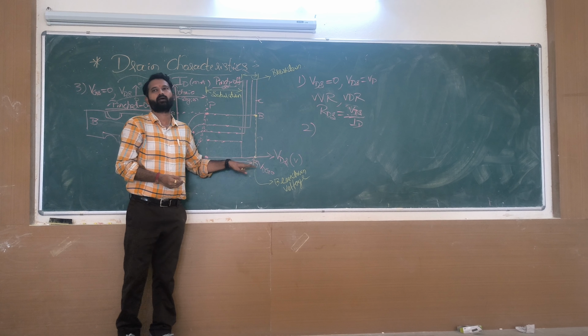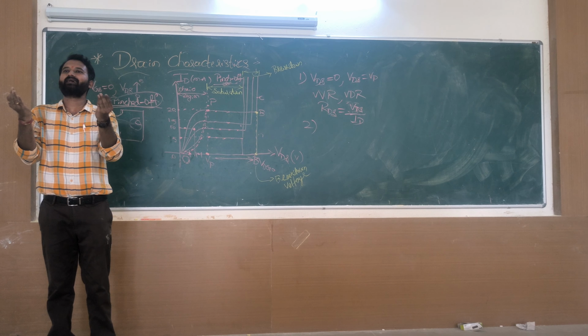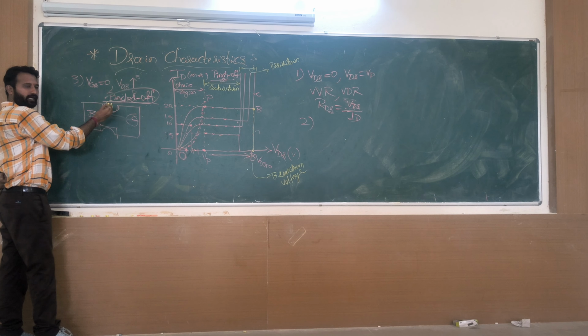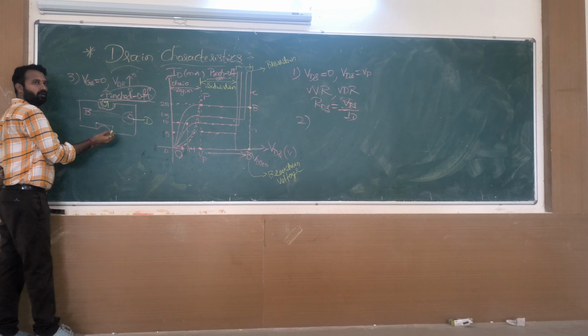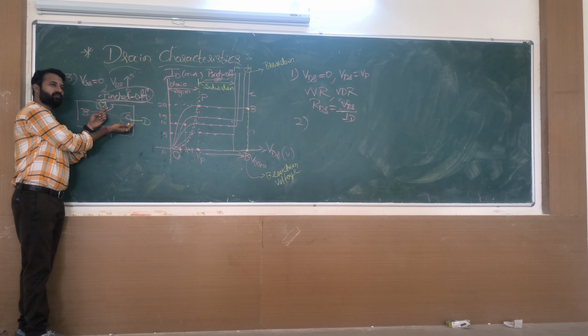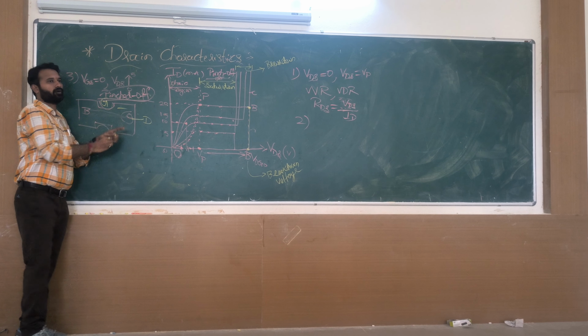At this voltage, after VP, what will happen? The majority carriers between gate and drain. This is gate and this is drain. There will be an avalanche multiplication of electrons.